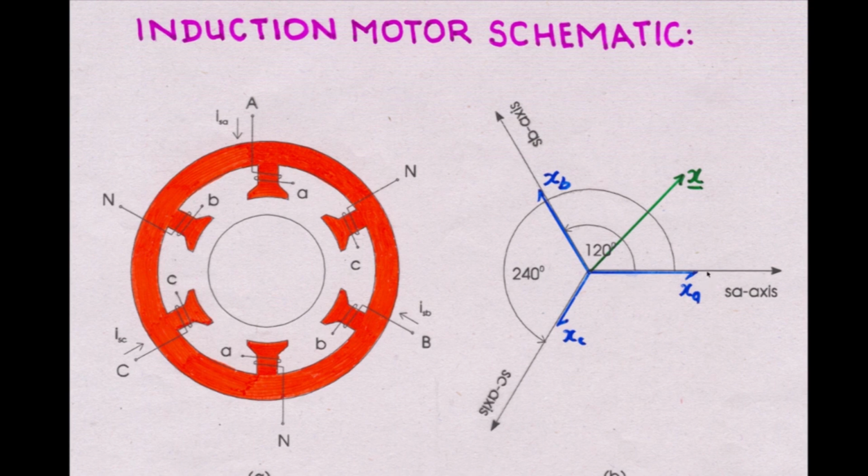Parameters of the B coil, like the currents, voltages, and the flux linkages, can be represented along the B axis, and likewise the C coil parameters along the C axis. So this will give rise to spatial vectors, and you can have at a given point a resultant spatial vector called the space vector.